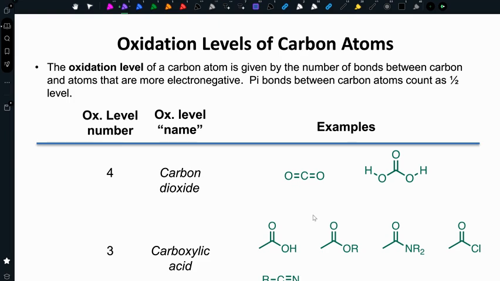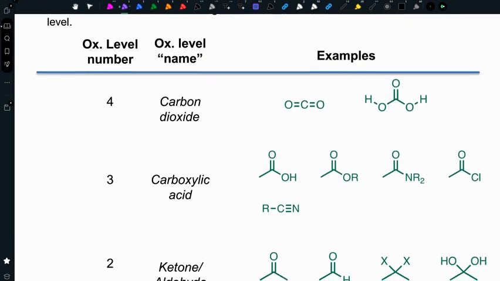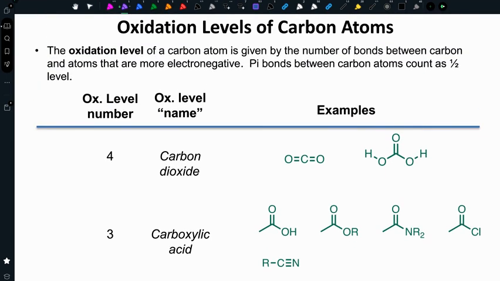Okay, so let's get into the specifics of what we mean when we talk about oxidation level of carbon atoms. So carbon can be bonded to less electronegative atoms. It can be bonded to more electronegative atoms. When we talk about oxidation level, we're generally talking about how many bonds it has to more electronegative atoms. All right.